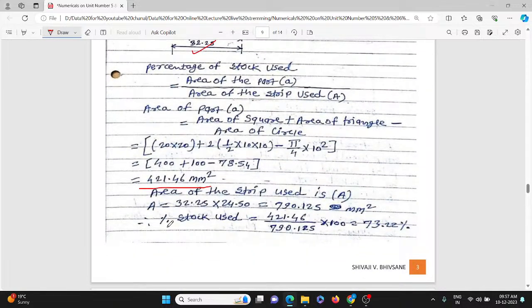Okay, so the percentage of stock which is used can be calculated. It is 73.22, meaning 73.22% of material will be utilized.